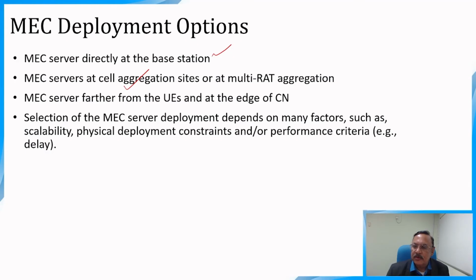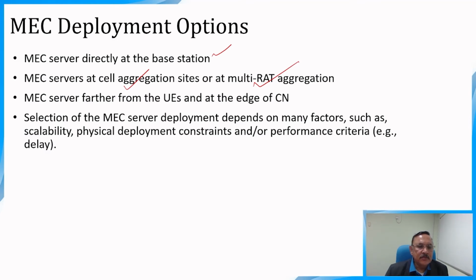The second option is to place the MEC servers at cell aggregation sites or at a multi-RAT aggregation point, which can be located either in an enterprise scenario or a public coverage scenario.